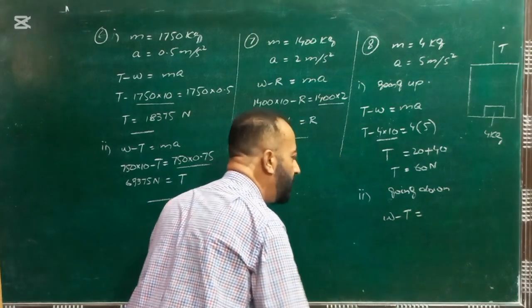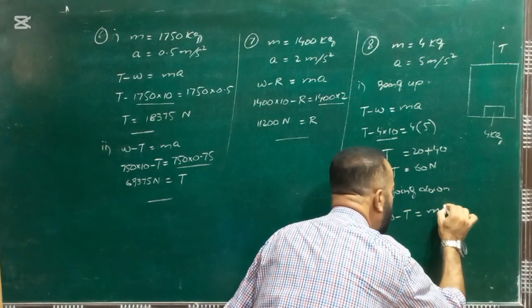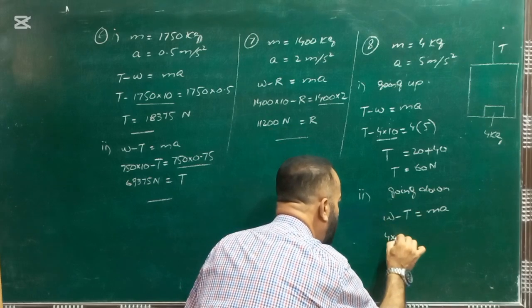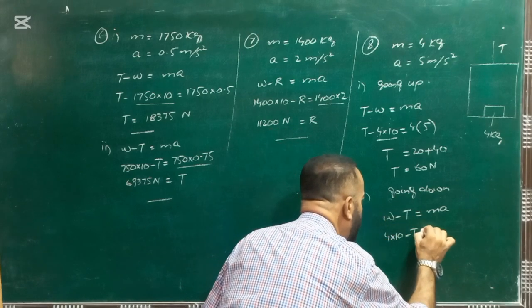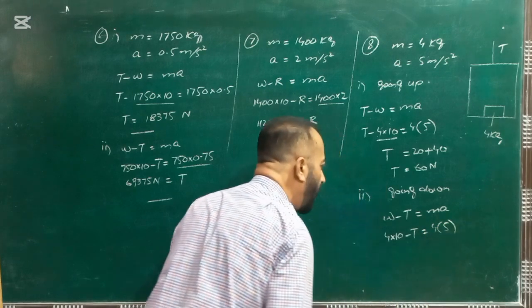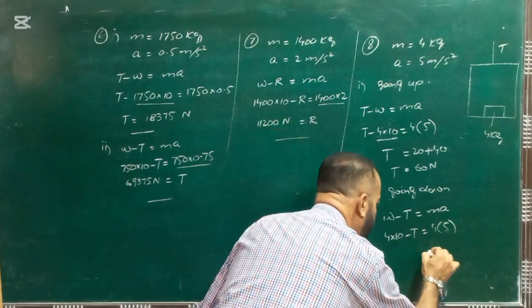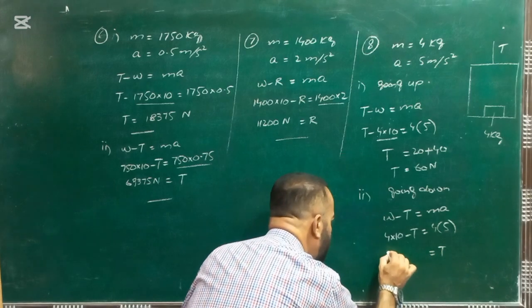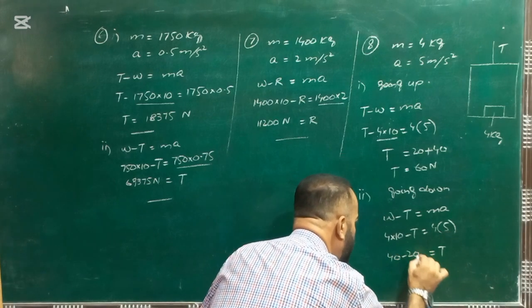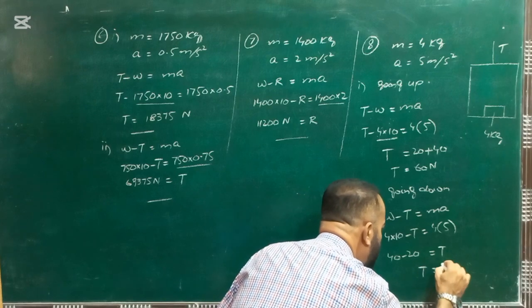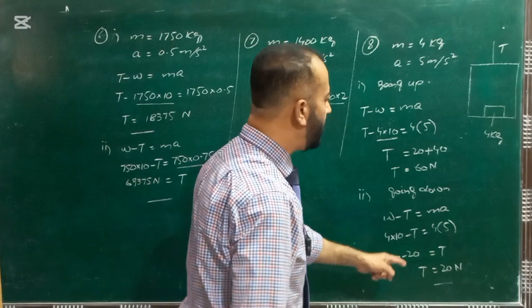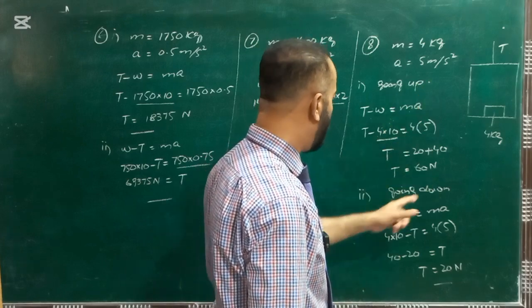So this will be the resultant force, equal to ma. W is equal to mg. So 4 into 10 minus T is equal to 4 into 5. This T will go to the right hand side and this 40 as well, and this 20 will come to the left hand side. So T is equal to 20 Newton. So this is the tension in the string when the body is going down.